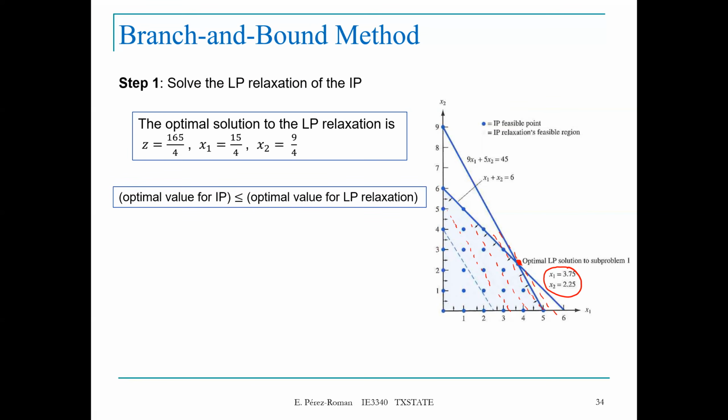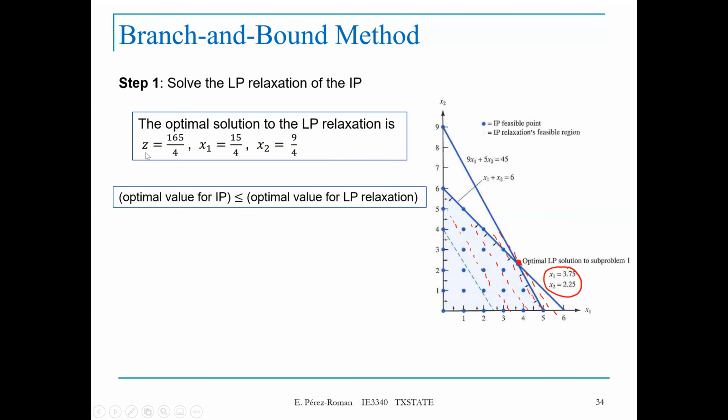So as a rule, we always know that the optimal value for the integer program is less than or equal to the optimal value for the LP relaxation. So we know from this rule that the solution we just obtained, because it is the solution for the linear program, is always greater or equal to the solution you will obtain for the integer program.